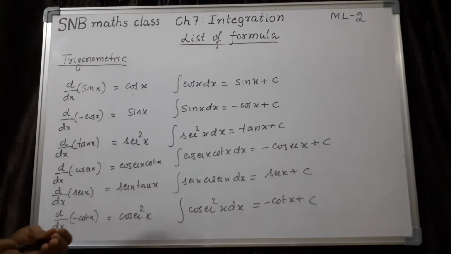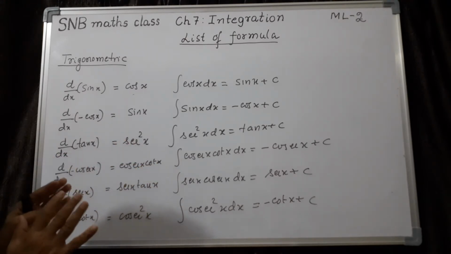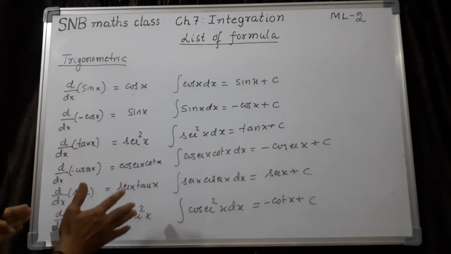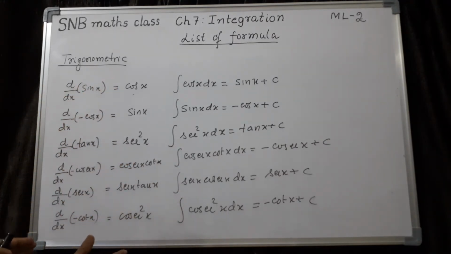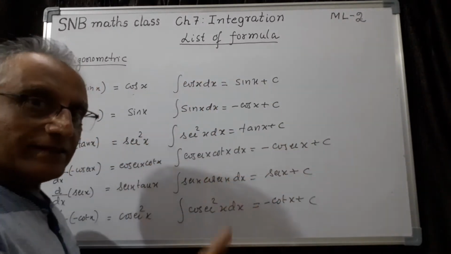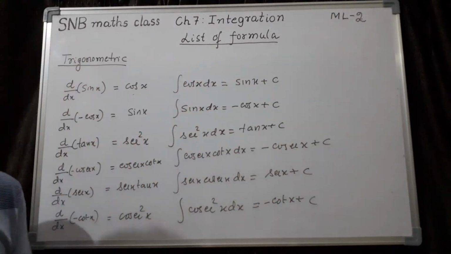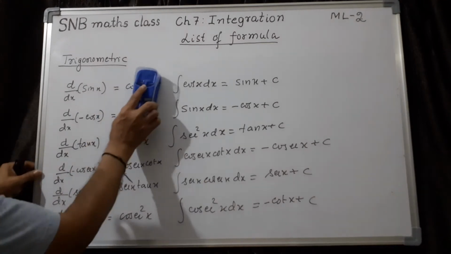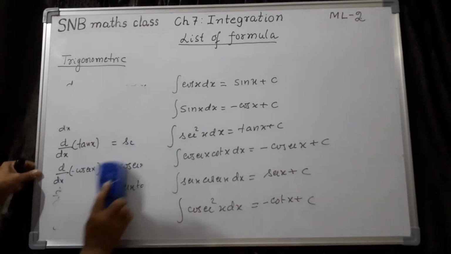In the beginning, of course, it is a bit difficult to remember. First, you think of the differentiation formula for each function. Then you write the formula in the beginning. Then once you do this, don't depend on it. You remove this. This you have to remember now.